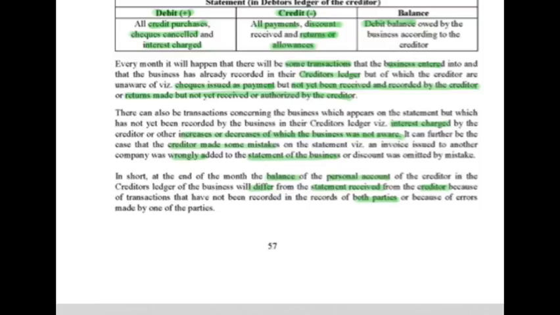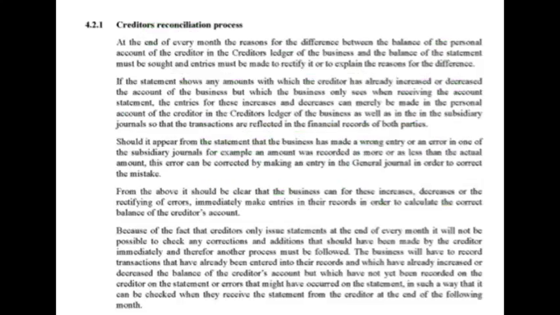So in other words, there is a need for us to reconcile our books to that of the creditor. So the creditor's books need to be reconciled with our creditor's ledger, and we do that by looking at the statement that they send to us. Let's look at the creditor's reconciliation process.